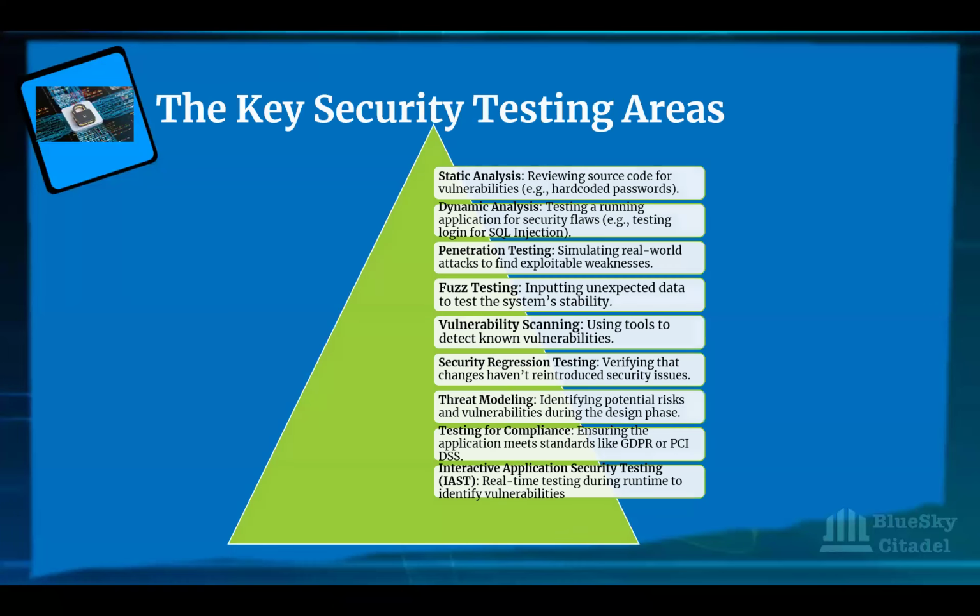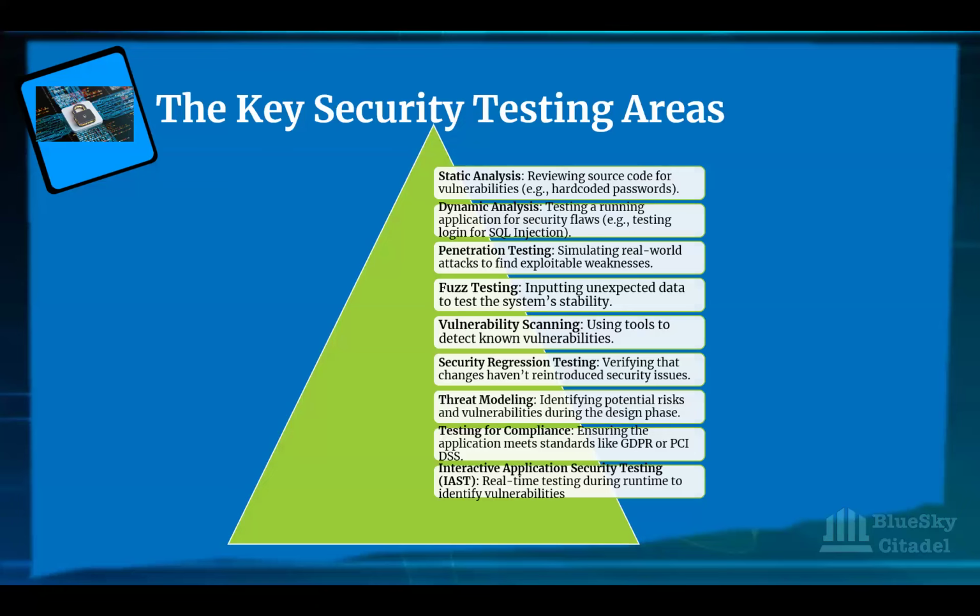Now let's quickly look at the key security testing areas. According to the common body of knowledge for CSSLP, that is the certification that you get as a secure software professional, there are 9 key security testing areas.